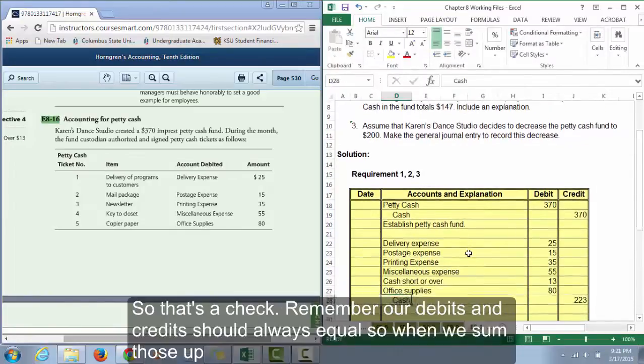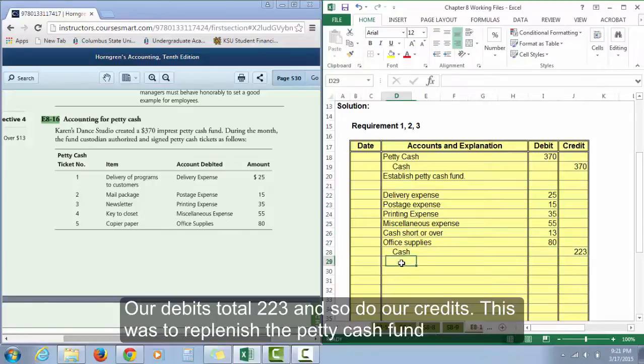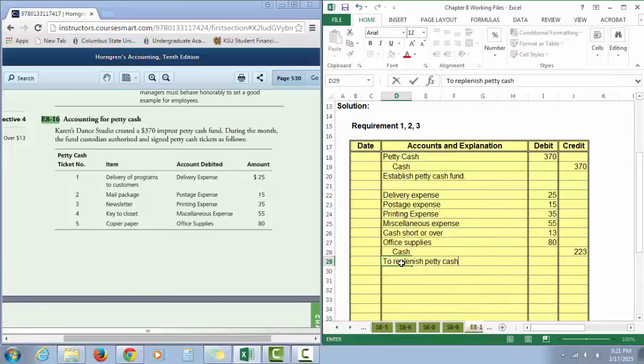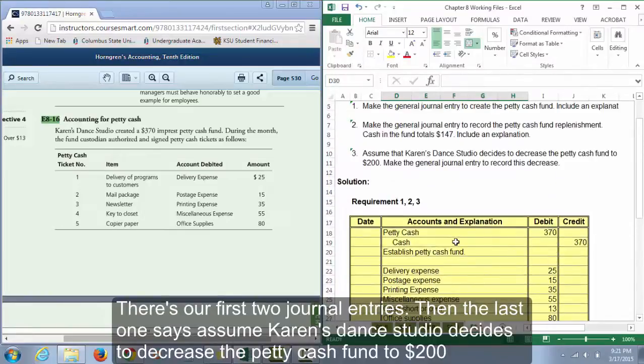Okay, so that's a check. Remember, our debits and credits should always equal. So when we sum those up, our debits total $223, and so do our credits. Okay, and this was to replenish the petty cash fund. All right, so there's our first two journal entries.